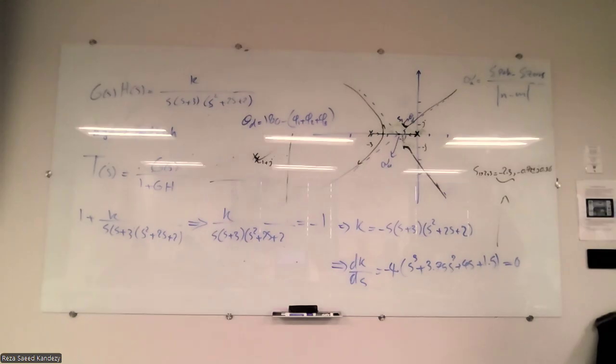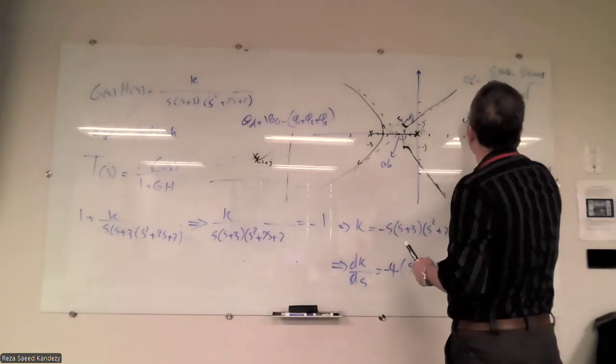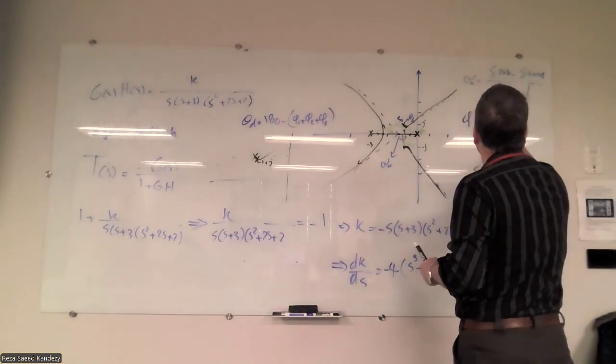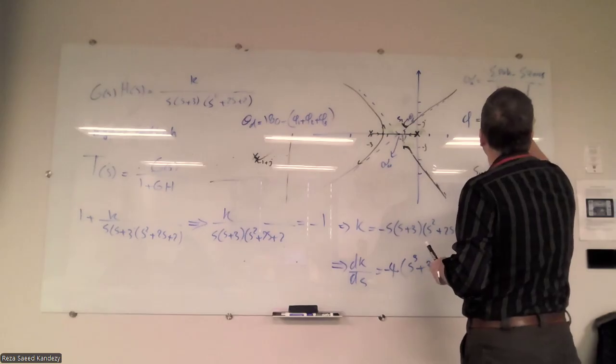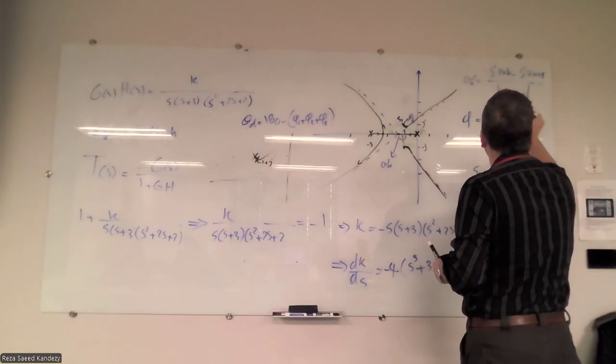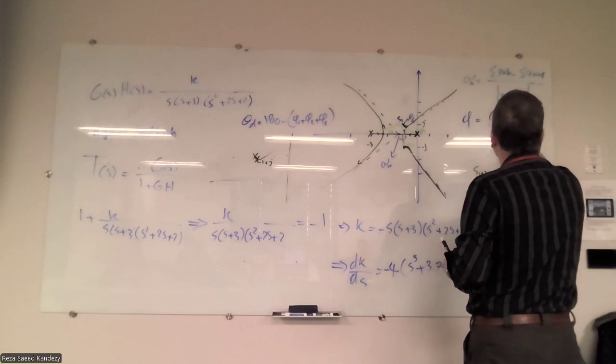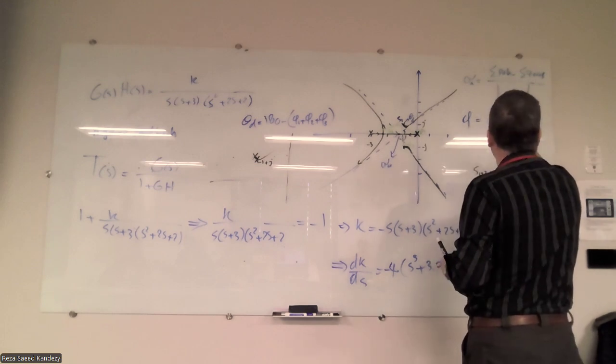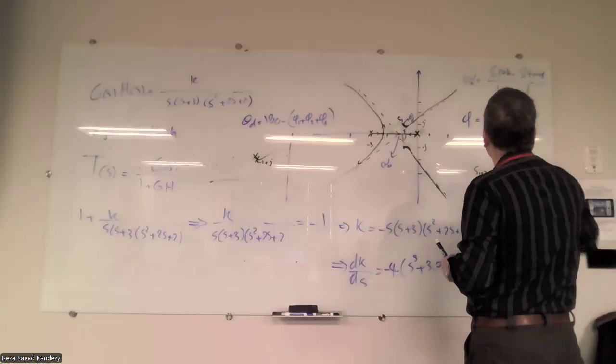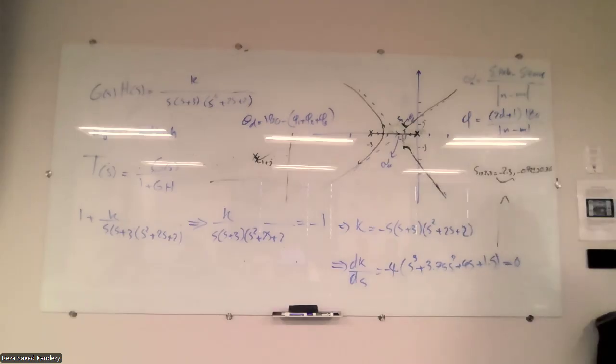And what we had for the phi was it should satisfy the condition of the odd multiple of 180. And we divide that by, again, the difference between the number of the poles and zeros.